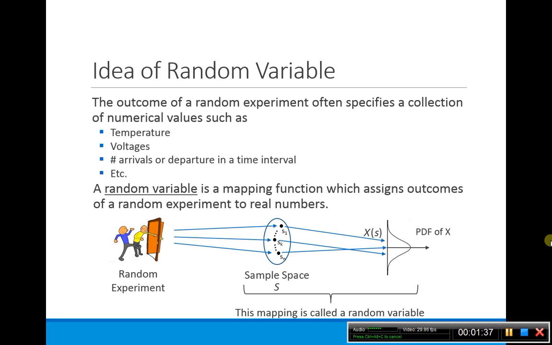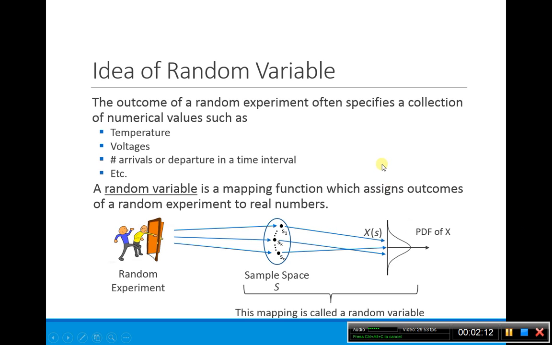It's a mapping function. It's a function which assigns outcomes of a random experiment to real numbers. So you have some type of sample space. Remember when we talked about tossing a coin, your sample space was heads or tails. If you're rolling a die, your sample space is 1, 2, 3, 4, 5, or 6. If you're counting the number of people that arrive in a 5-minute time interval, you could go from 0 all the way up to, it depends on the capacity of the hospital, right?